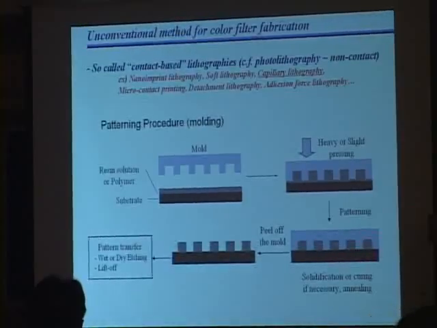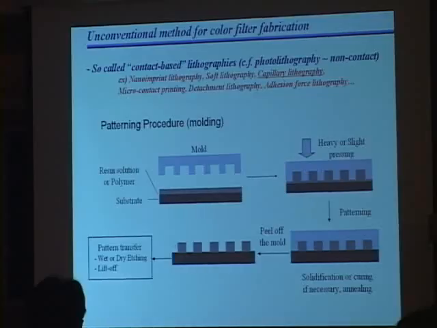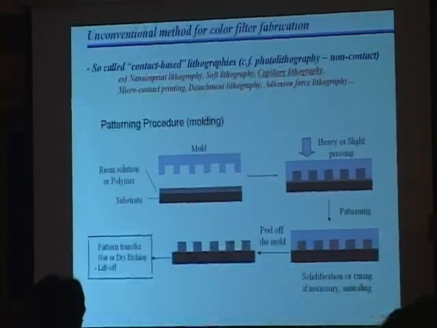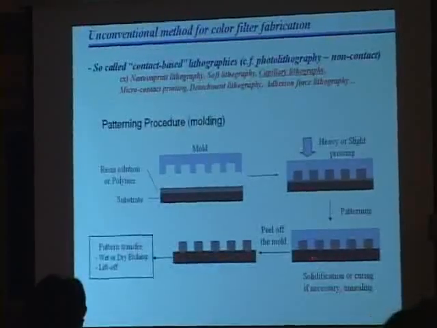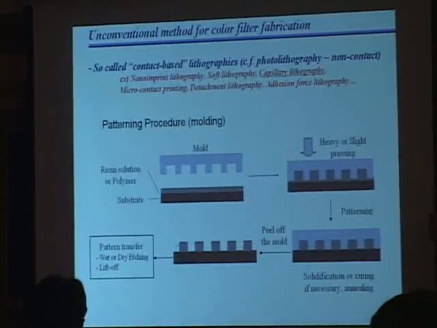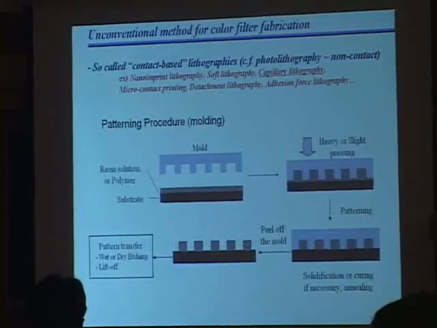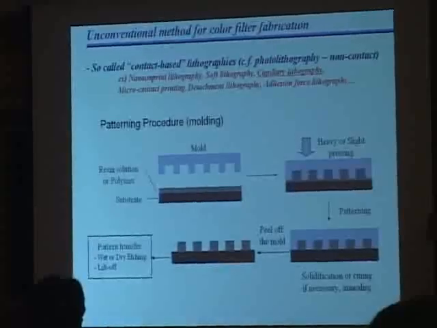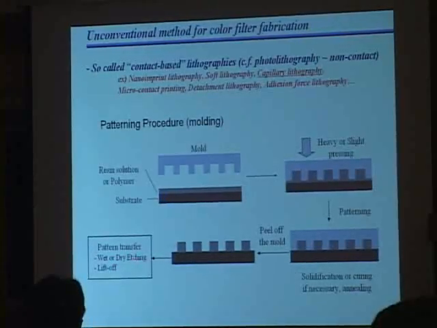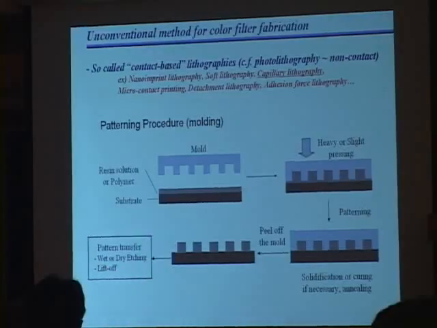So sometimes we need to increase the temperature, or we need to apply the UV exposure. So any type of solidification is necessary here. After peeling off the mold, we can fabricate a negative replica of the master mold. So for further pattern transfer, people use wet or dry etching, or sometimes lift-off process.